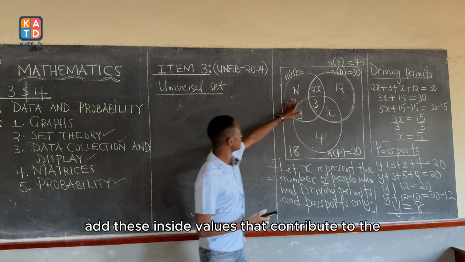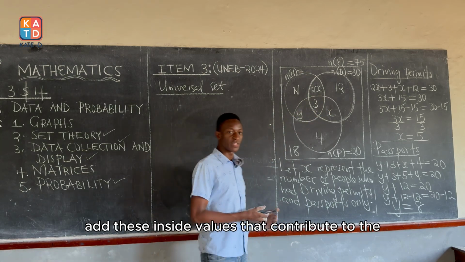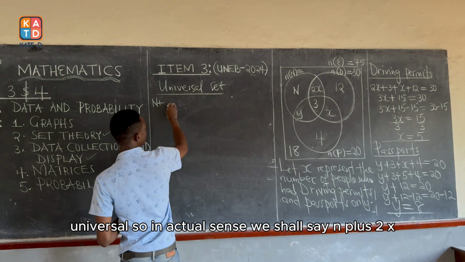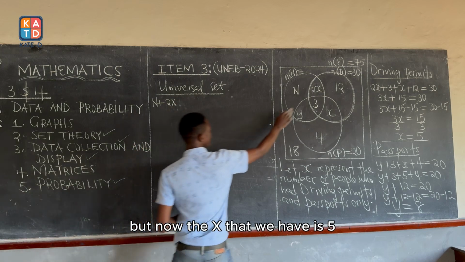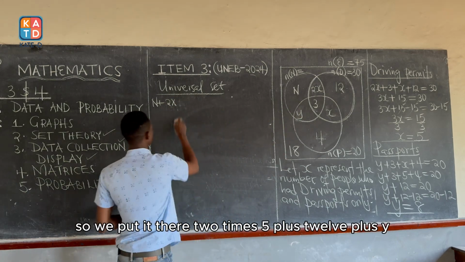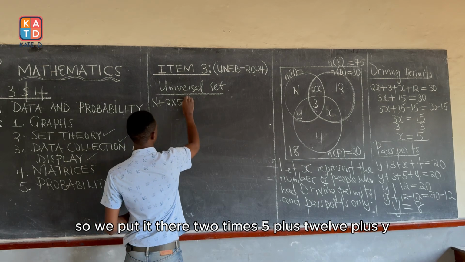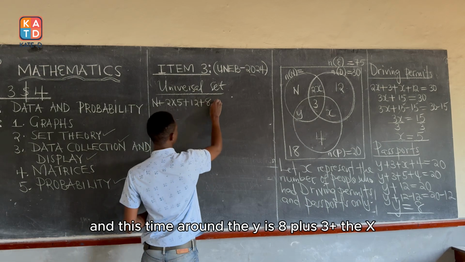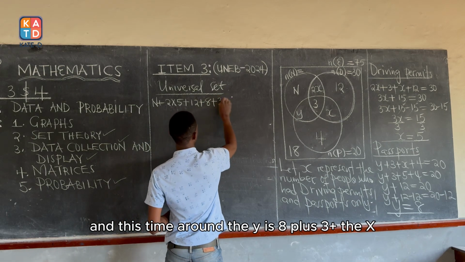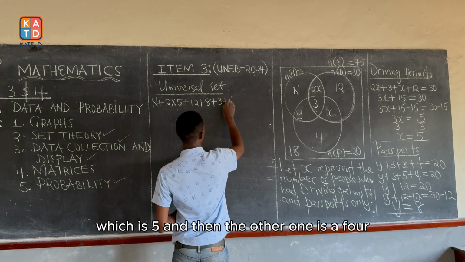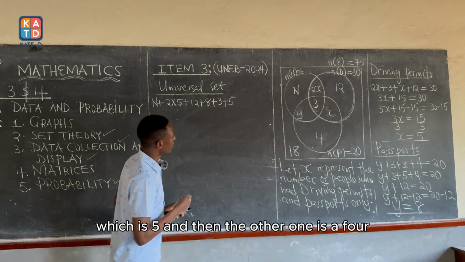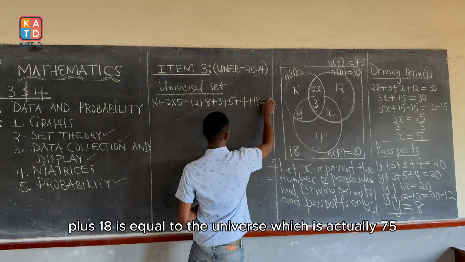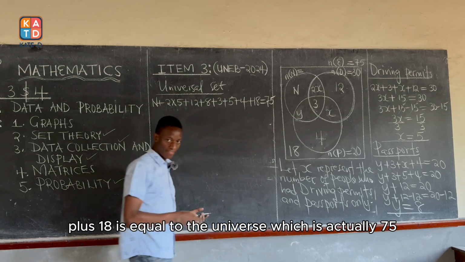So you have to add the inside values that contribute to the universal set. So we shall say n plus 2x, but now the x that we have is 5, so 2 times 5, plus 12, plus y, and this time round the y is 8, plus 3, plus the x, which is 5, and then the other one is 4, plus 18 is equal to the universal, which is actually 75.